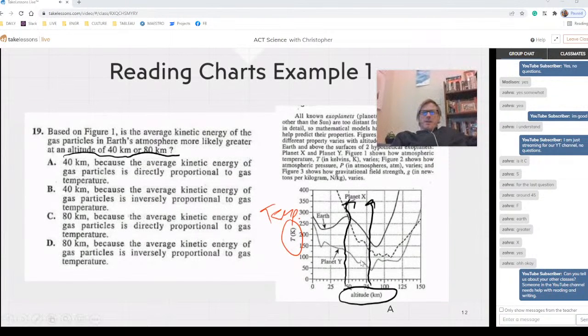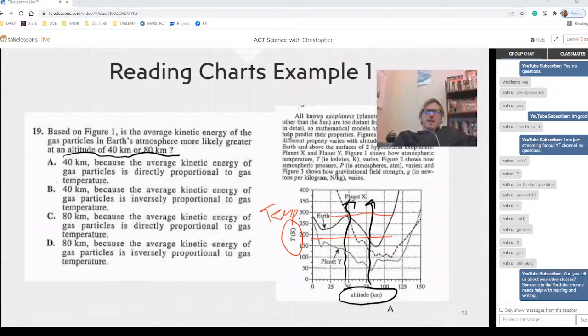So the question becomes, they're asking about Earth. For Earth at 40 kilometers, the temperature is about 270. And for Earth at 80 kilometers, which is actually fascinating, it's about 175.